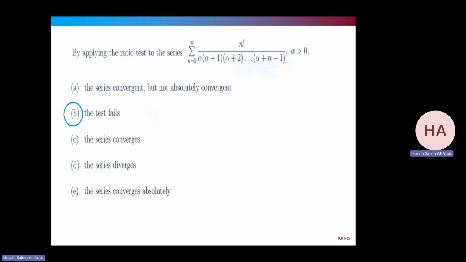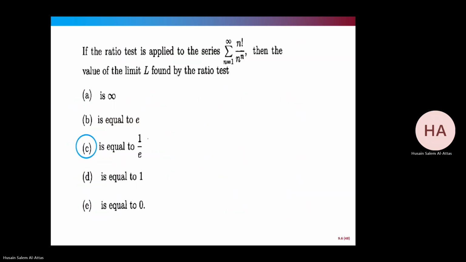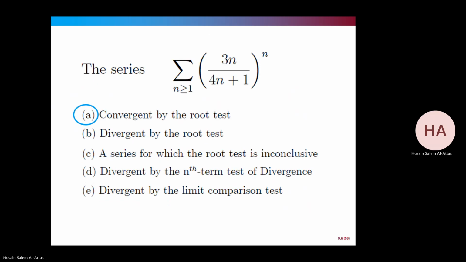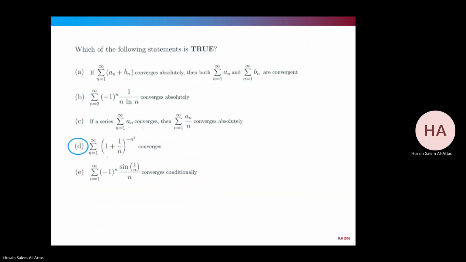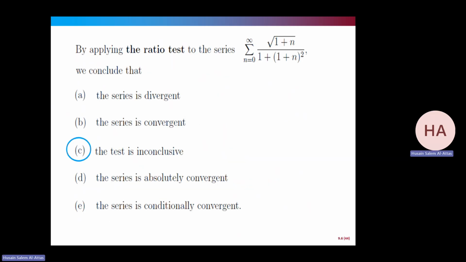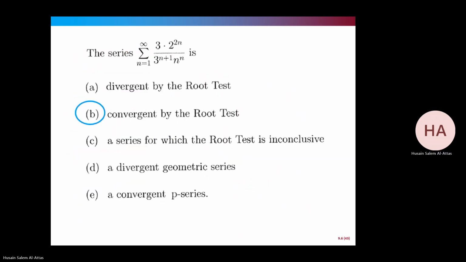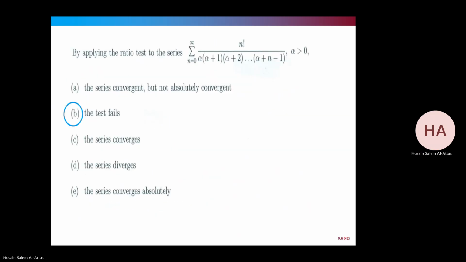By applying the ratio test, what will happen? Let us see. Well, alpha is positive. You want to check the ratio test, what will happen? So I need L, which is the limit as n goes to infinity of a_(n+1) over a_n. That will be the limit as n goes to infinity of what?